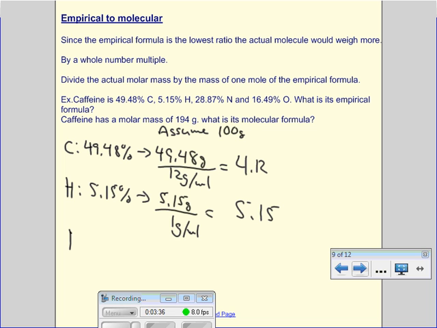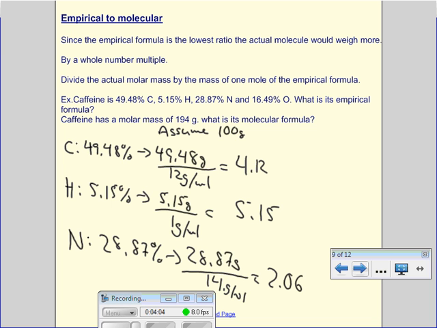Nitrogen is next. 28.87%. 28.87 grams divided by 14 grams per mole gives me 2.06.